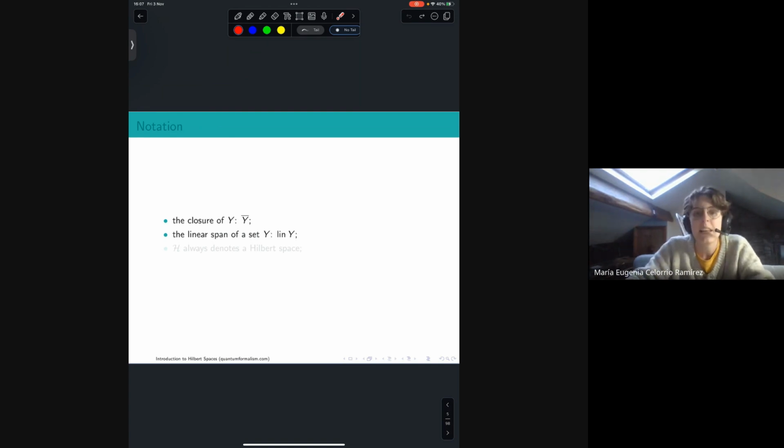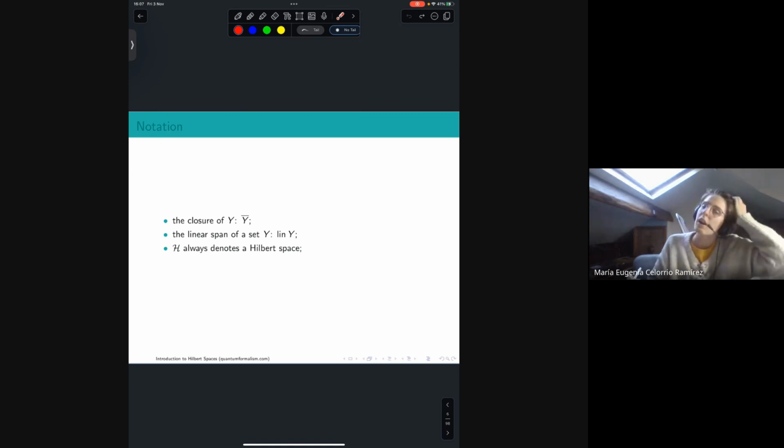The next one is the linear span of a set. It's just the linear combinations of the elements of a set, and is written as lin of Y. At some point, I'm going to talk about the closure of the linear span of a set. It's going to be just a combination of these two notations. And the most important one is that the calligraphic H is always going to be a Hilbert space, and a Hilbert space is always going to be denoted as a calligraphic H. I've written Hilbert space so many times that at some point I stopped writing it and just wrote the calligraphic H. So calligraphic H, Hilbert space, nothing else.